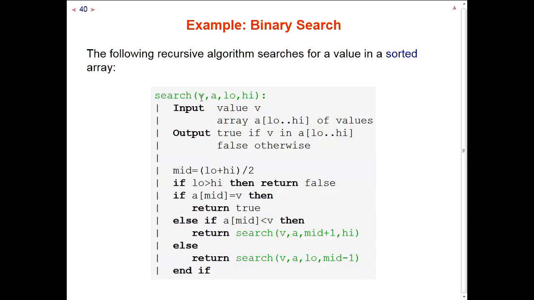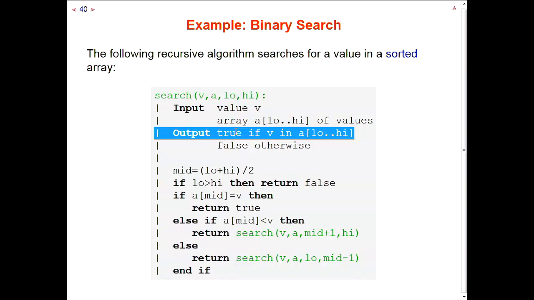This algorithm searches for a particular value in an array A, restricted to the range from low to high. The output should be true if the value is in the array between low and high, and false otherwise. The way you would call this algorithm is with low being 0 and high the largest index of that array.